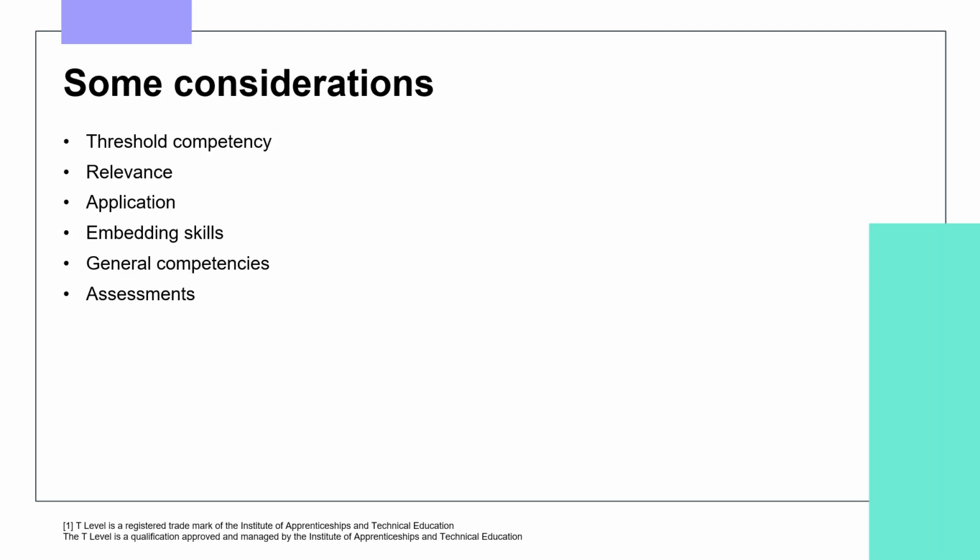Ensuring students can apply their knowledge and understanding to various situations. Embedding the core skills and developing further opportunities for the general competencies. And of course, ensuring students can succeed in their assessments and planning formative assessment opportunities.